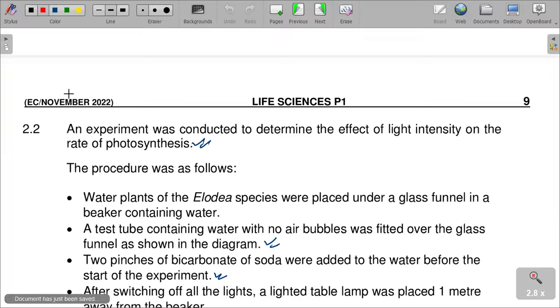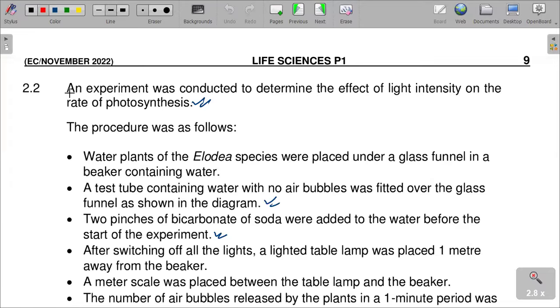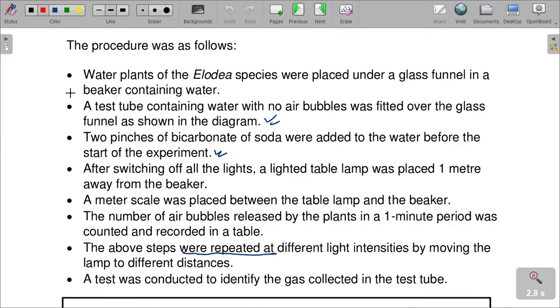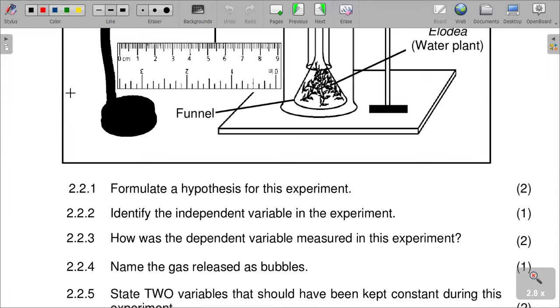I can say that the rate of photosynthesis decreases with increasing light intensity. That is a hypothesis that I can give, as one of the hypotheses that I can give.